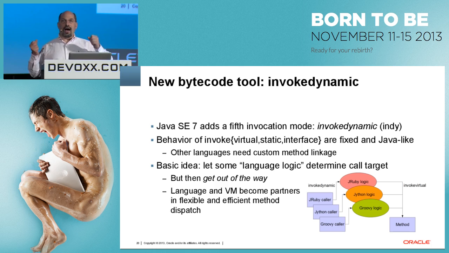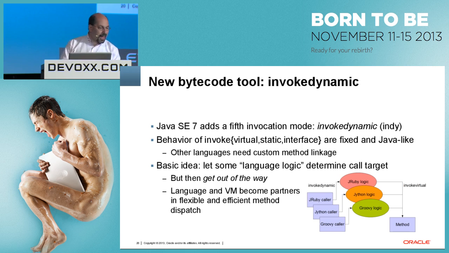The language says, I'm going to contribute some logic in the form of Java code to link the call site, which the first time you invoke this call site, I'm going to help you find the target. And then I'm going to return a target, and I'm going to return some extra information that you can use to decide whether you ever have to ask me again or whether you can cache that result and just let me get out of the way.